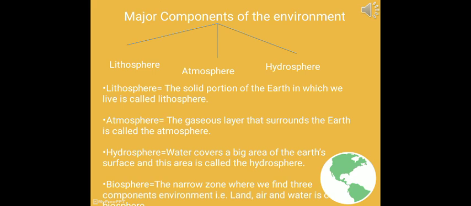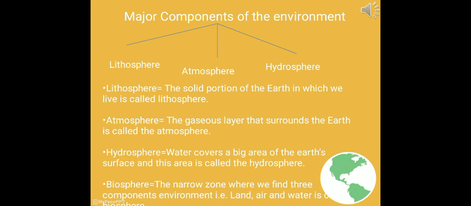The gaseous layer that surrounds the earth is called the atmosphere. Then hydrosphere: water covers a big area of the earth's surface and this area is called the hydrosphere. So these three are the important components of the environment. First one is lithosphere, solid portion; atmosphere, gaseous layer; then hydrosphere, water covered area.